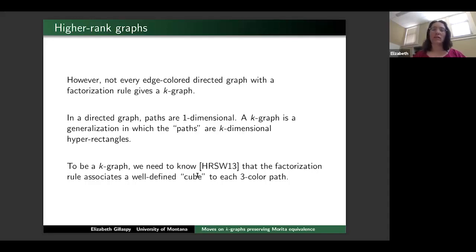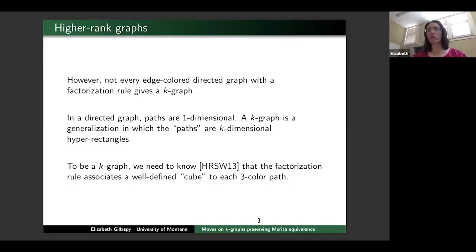And the magic, and this is from this paper by Hazlewood, Raeburn, Sims, and Webster, is that all you have to do is check cubes. Even if you've got 17 or 23 or a million different colors that you're looking at, all you need to do is check that paths involving three edges of three different colors build out nicely to give you a three cube.